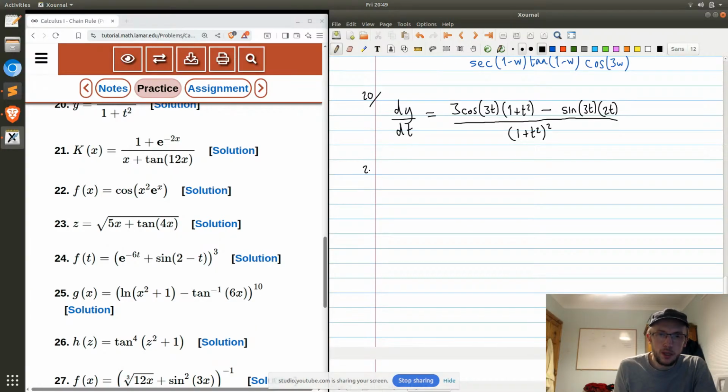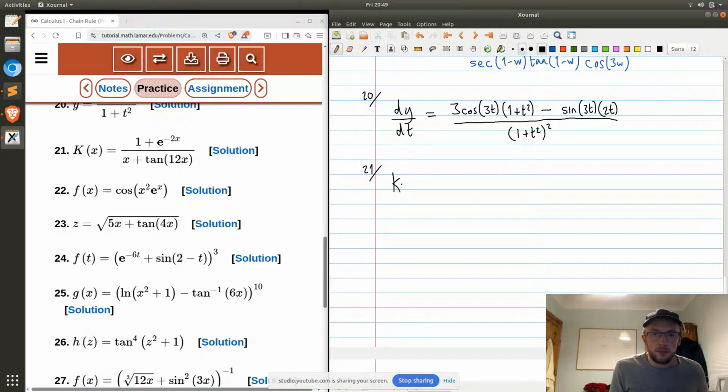Okay. 21. k of x is 1 plus e to the minus 2x all over x plus tan of 12x. Okay, another quotient. Another instance of the quotient rule.